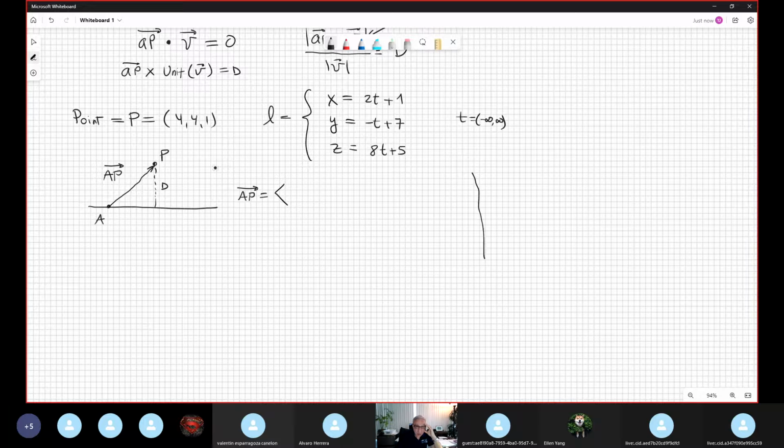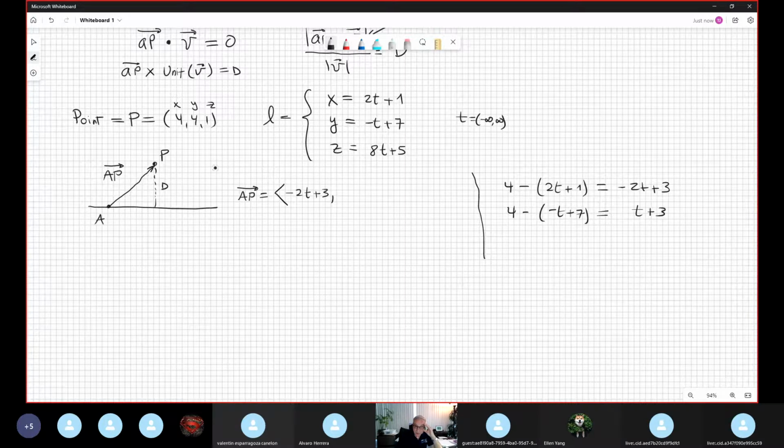You are subtracting, the first component, 4 minus this expression, 2t plus 1. This is minus 2t plus 3. So this is my first component, minus 2t plus 3, the x component for that vector. The second is 4 again, it's a coincidence, minus parentheses minus t plus 7, no? It is obvious that it is t minus 3.